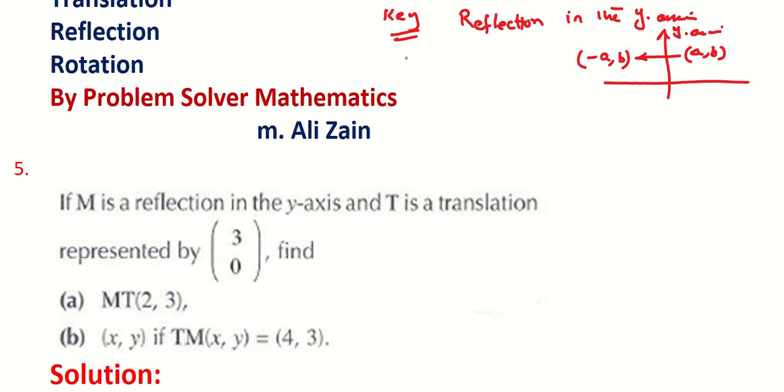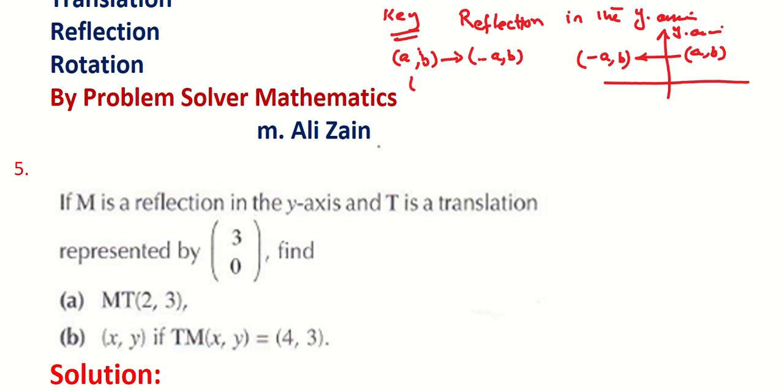So reflection in the y-axis always changes (a, b) to (-a, b). Change the sign of the first value, which is x. So this is equal to (-a, b).